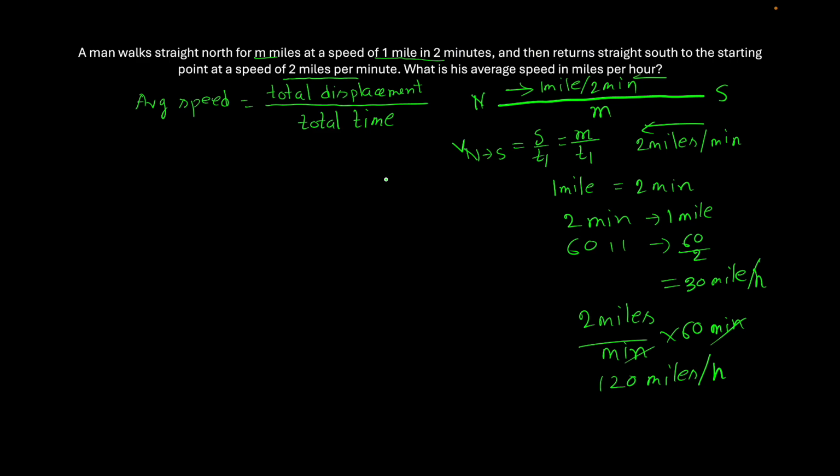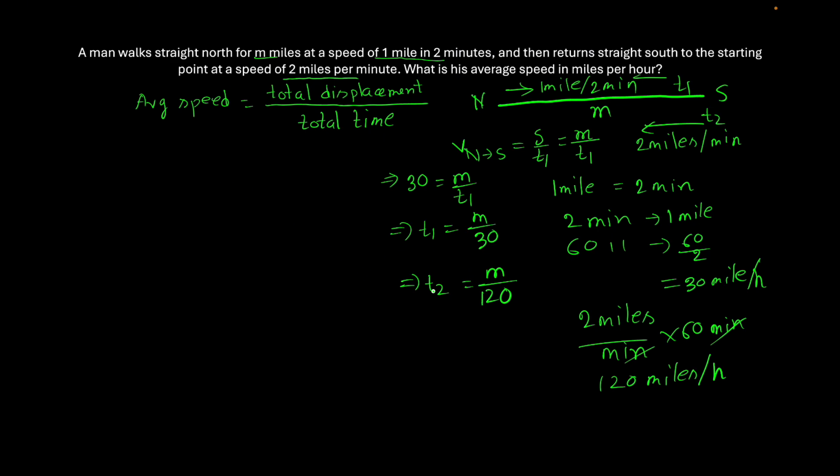So we can write 30 is equal to m by t1, or t1 is equal to m by 30. And from south to north, the time will be t2. So t2 will be m by 120.